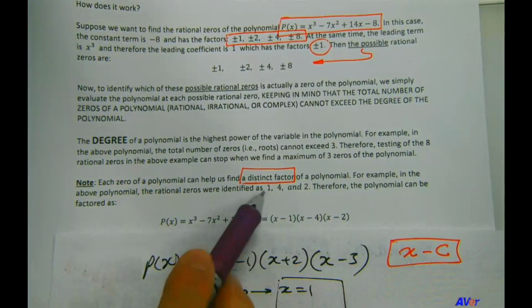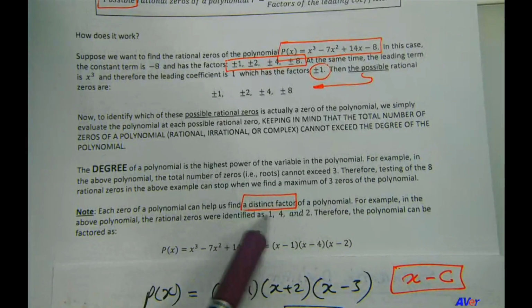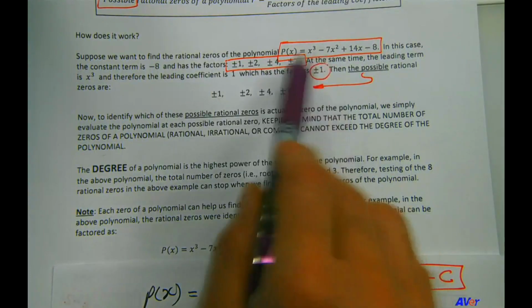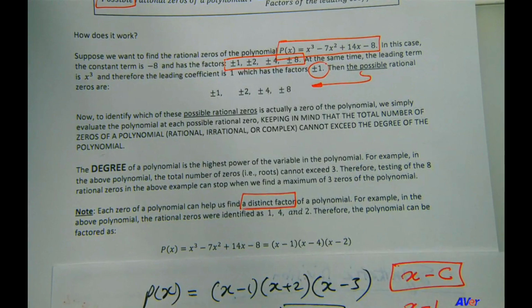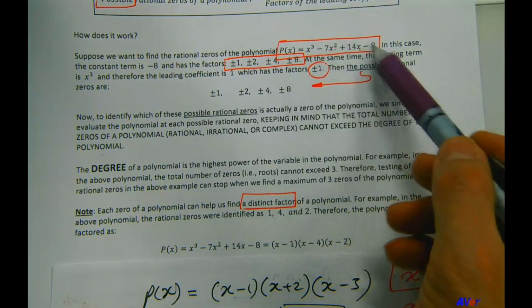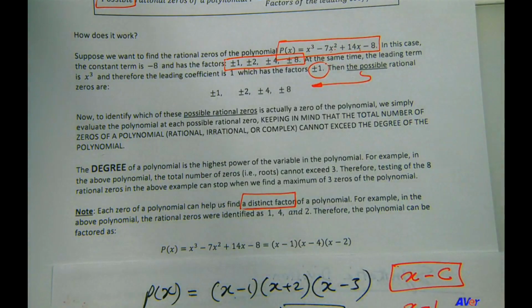So if you have 1 as the zero of that polynomial, then the factor would be x minus 1. If you plugged in 4 for x and obtained 0, then the factor would be x minus 4.